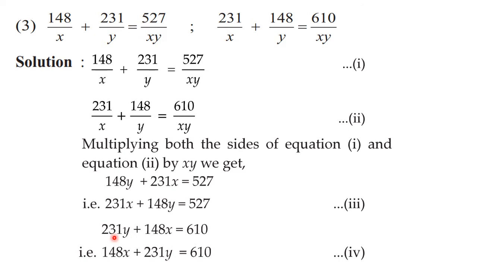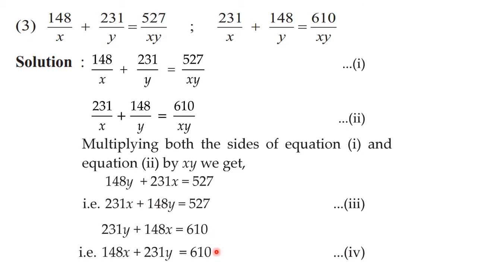And the numbers are too big, so it is not possible for us to go for the equating coefficient method. So you know that these are particular types of equation and we can solve them by ASA method: addition, subtraction, addition. Once we add, we get one simple equation.